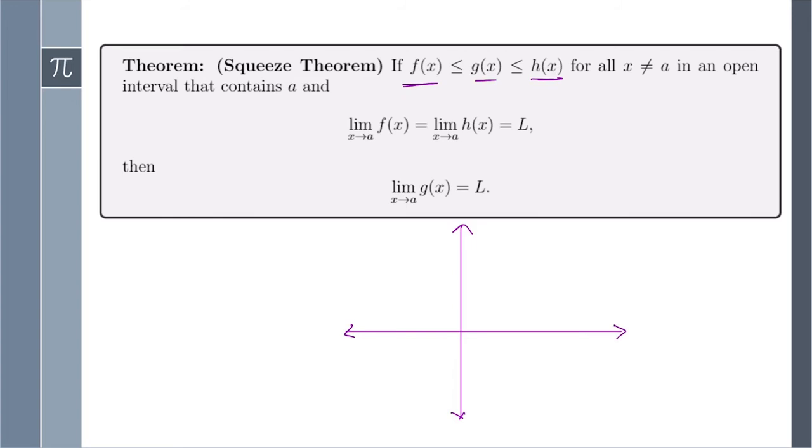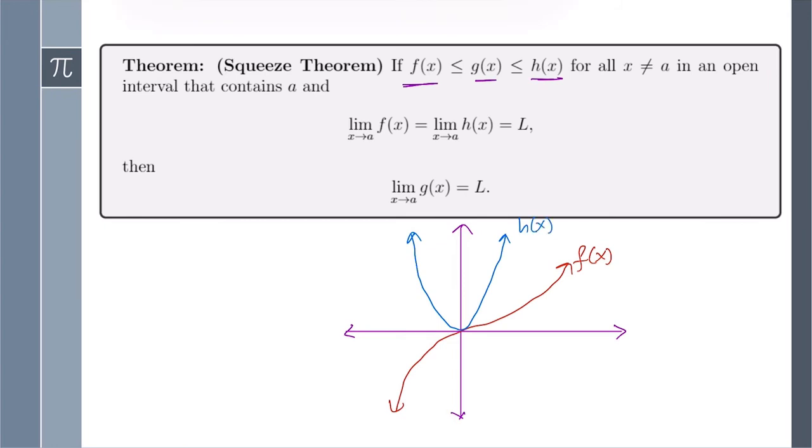So for example, we have a function going, let's say, like this. Let's say this is h of x.